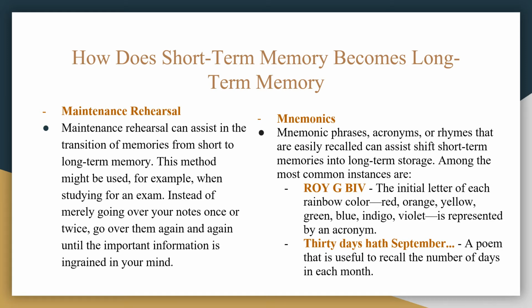Among the most common instances of mnemonics are Roy G. Biv, which is the initial letter of each color of the rainbow, or 30 Days Hath September, which is a poem that is very useful in recalling the number of days that a month has for each month of the year.